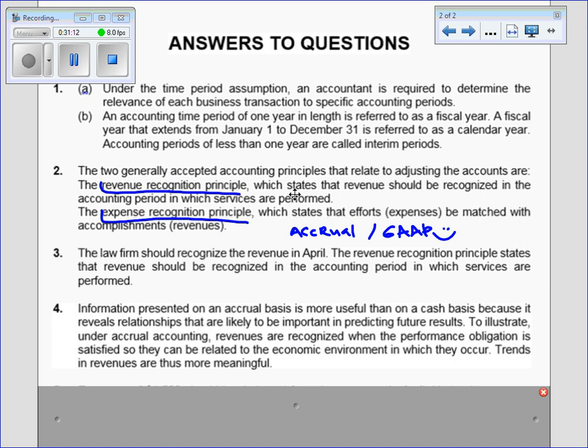We're recognizing when it happens instead of gambling that we might not get the money. We'll worry about if we can't recover the money later, and we'll backtrack, but more often than not, we're going to get the money.